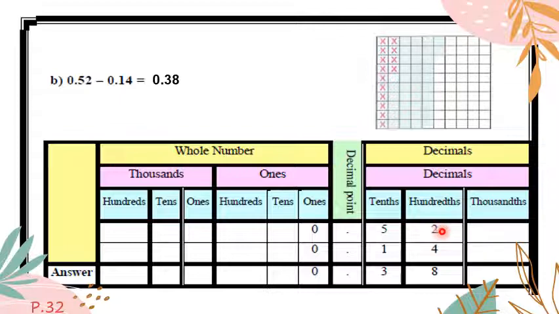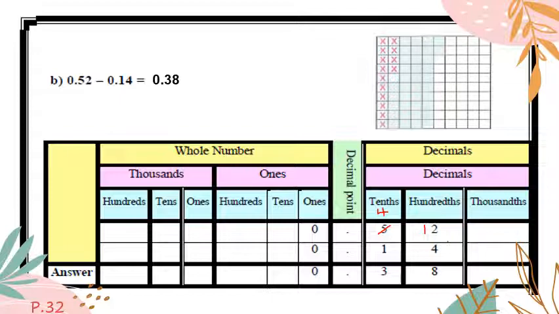Can I take 4 from 2? Of course not. So I'm gonna borrow from 5. Here I will cross 5 and write 4. Then I will give to 2 a 1, so it will be 12.